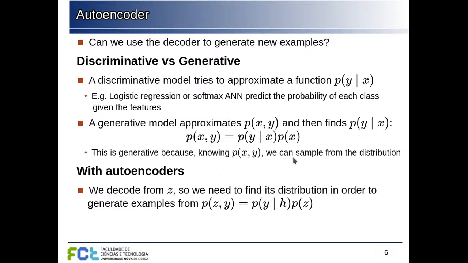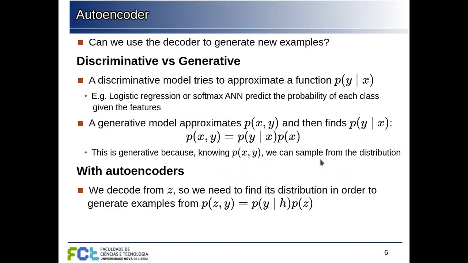We can use that to classify, but we can also use it to generate new data. And basically what we need, if we have this discriminative model, is also a probability distribution for the input, then combining the two together would give us the ability to generate new examples, because now we can choose how to generate them.